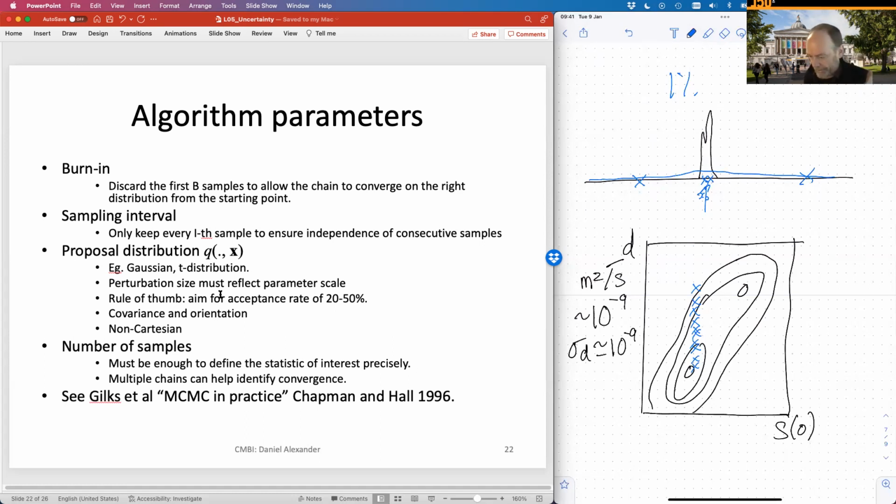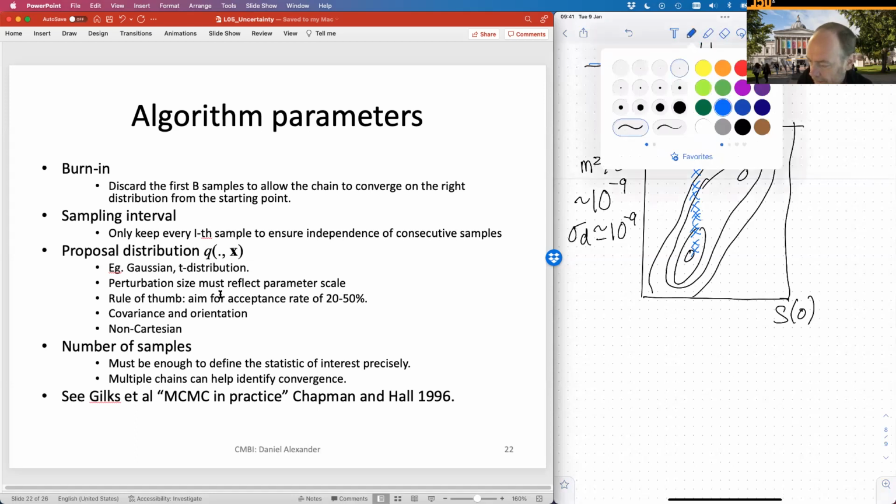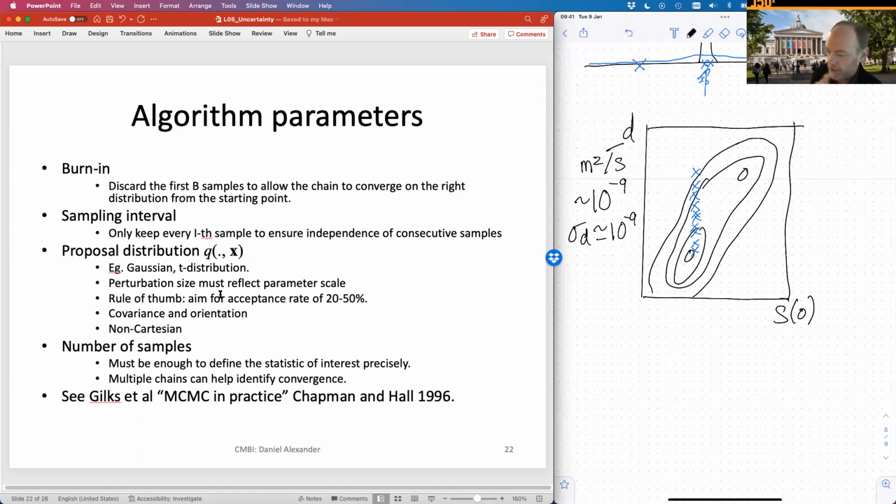But if we just blindly accept that size of perturbation for our other parameter S0, actually the scale of S0, if you remember looking at the values of S0 in the diffusion data set that we've been using, has a scale, it's arbitrary units actually, something like 10 to the 3.